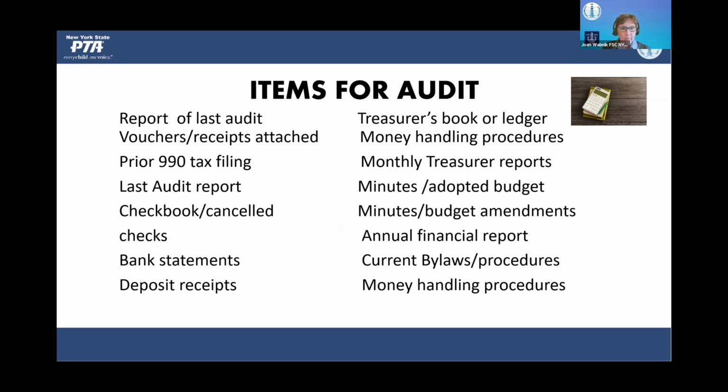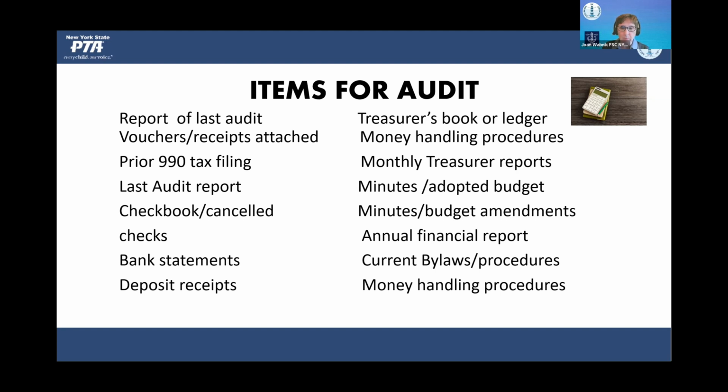the last audit report, a checkbook, canceled checks, bank statements from the past year, deposit receipts, a treasurer's book or ledger. If you use an electronic ledger, then access to that ledger is necessary.